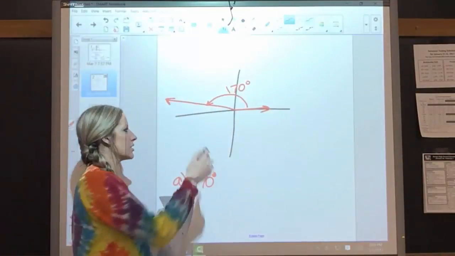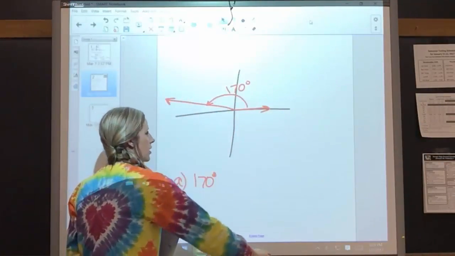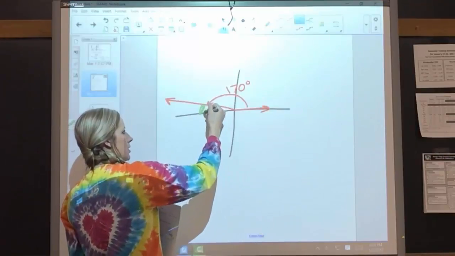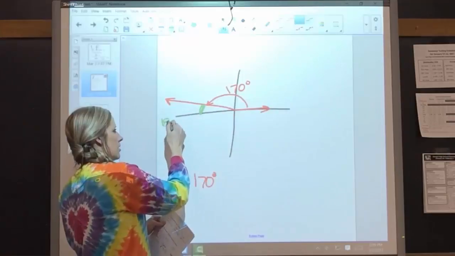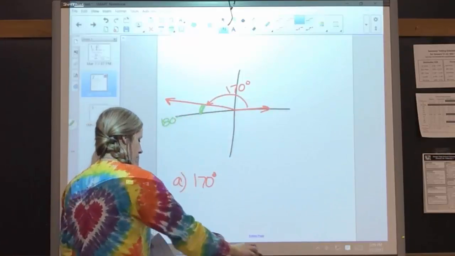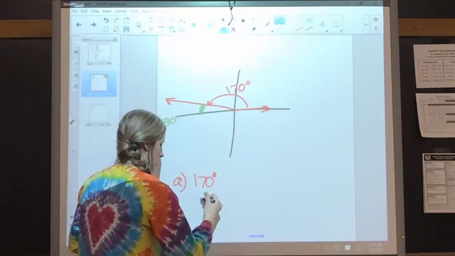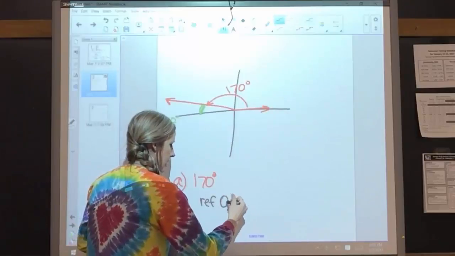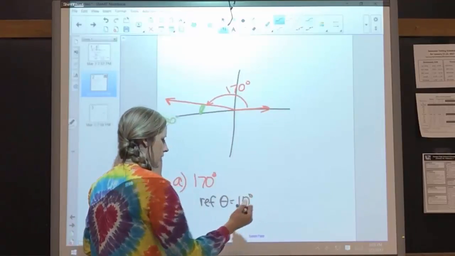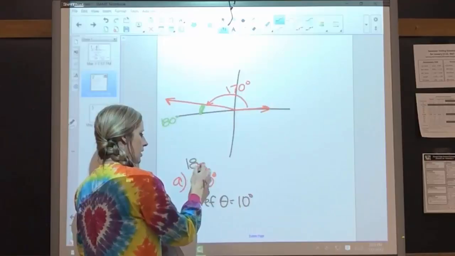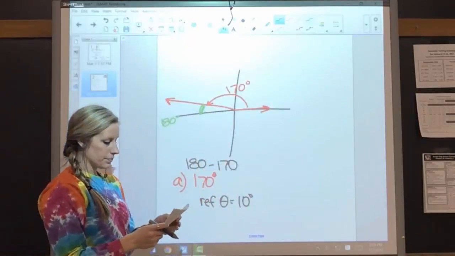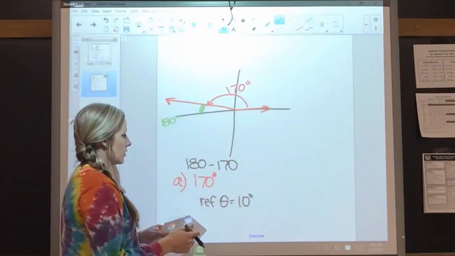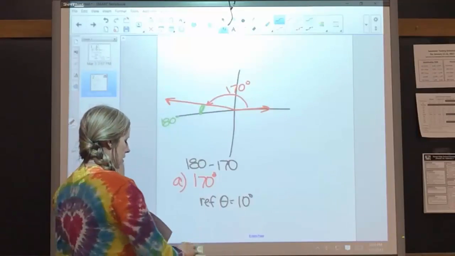Okay, it's going to be close to this 180. So if we want to find our reference angle here, we're going to take 180 degrees minus 170. So our reference angle would be 10 degrees. You would take 180 minus 170. Okay, let's try B.